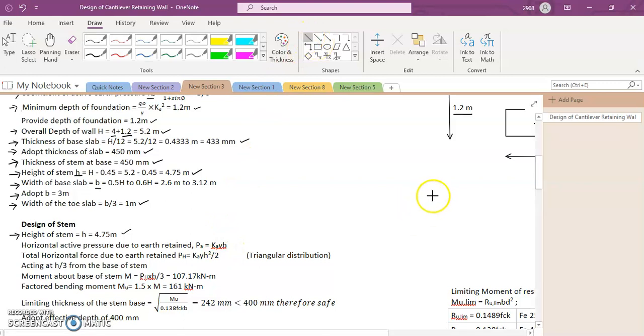If we have a retaining wall of this height, the distribution of the earth pressure will be triangular in nature.